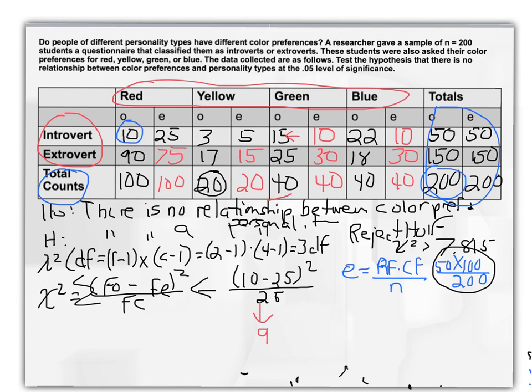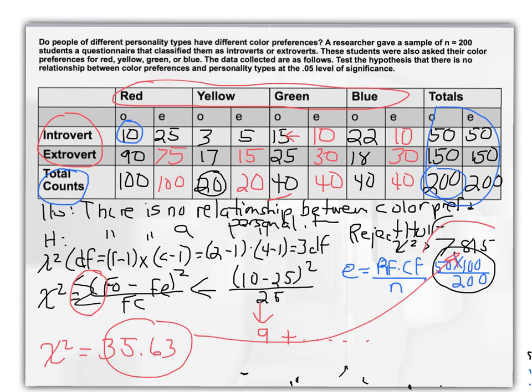And if you went ahead and did that for every cell, and then added up the total for every cell, which is what that sum indicates, you should compute a chi-square value equal to 35.63. We said that we needed a chi-square value greater than 7.815, and we certainly did that, so we are going to reject our null hypothesis.